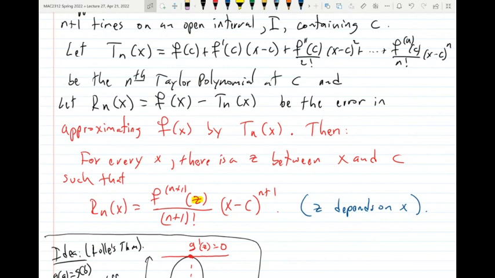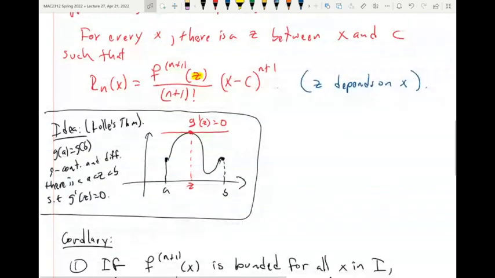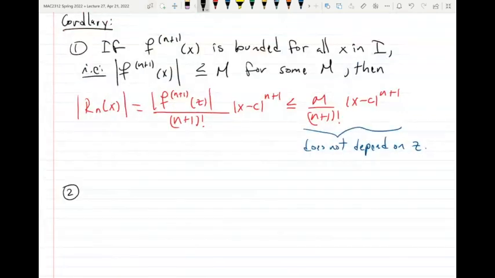So f of x equals the limit of the Taylor polynomial. But what's the limit of the Taylor polynomial? The Taylor series, because this is the sequence of partial sums, and the limit equals the value of the series. So, in other words, if the remainder equals 0 when you take the limit, then the series converges to the function. So we can say the function equals the series. Okay? So that's the second consequence here.